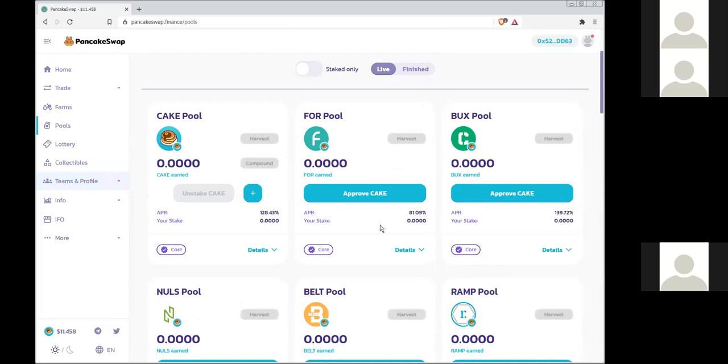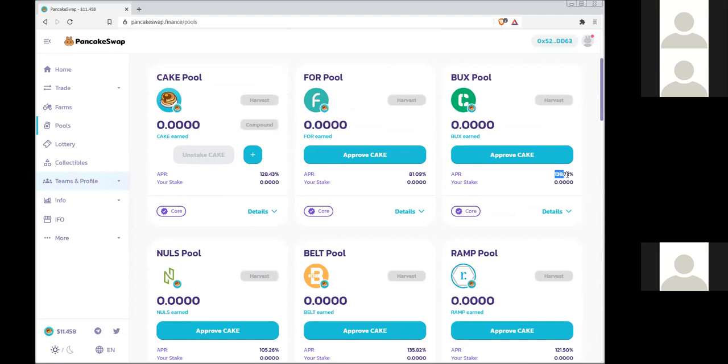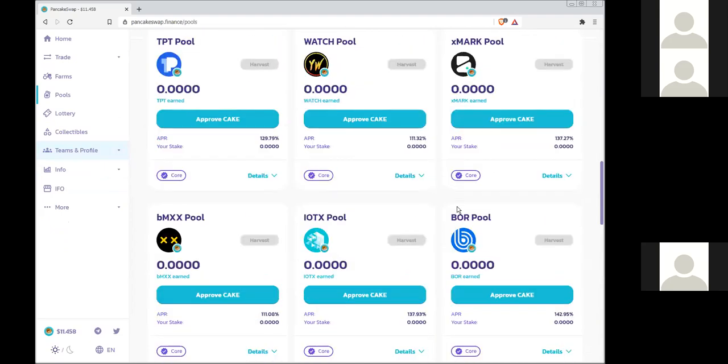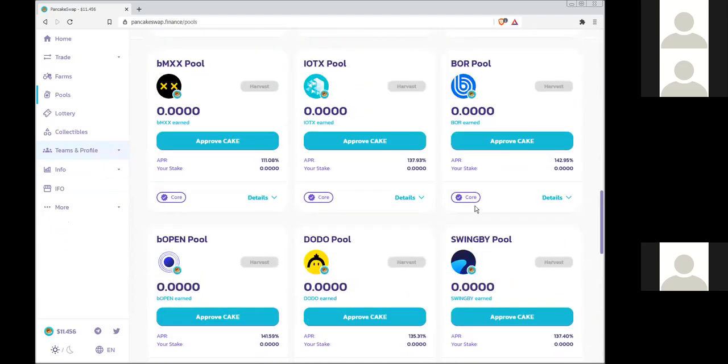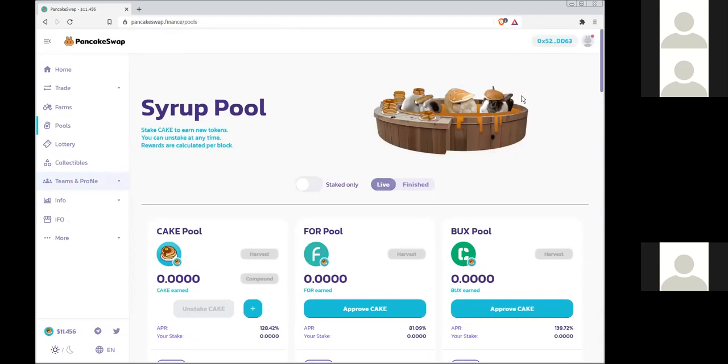So even though you're staking one, you earn the rewards in the other, which means you've got two things to worry about as far as value going down. But that's how all these work. And you can see these are still good interest rates, over 100%. There are going to be some lower ones as well. So those are the pools, which are very similar to staking.